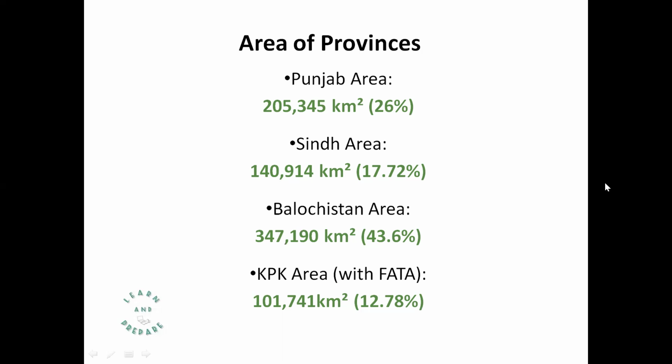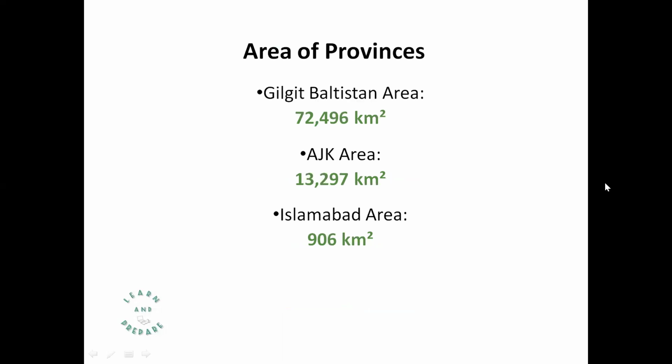It covers 12.78% of our total area, while the area of Gilgit-Baltistan is 72,496 square kilometers, and the area of Azad Jammu and Kashmir is 13,297 square kilometers. Islamabad is our capital, and it has an area of 906 square kilometers.